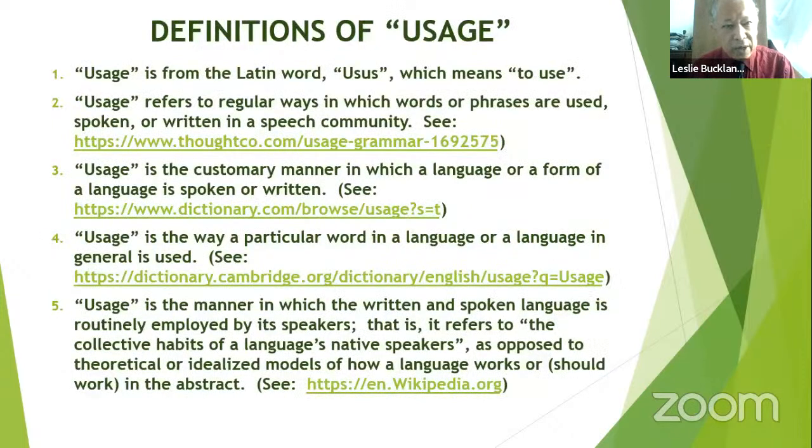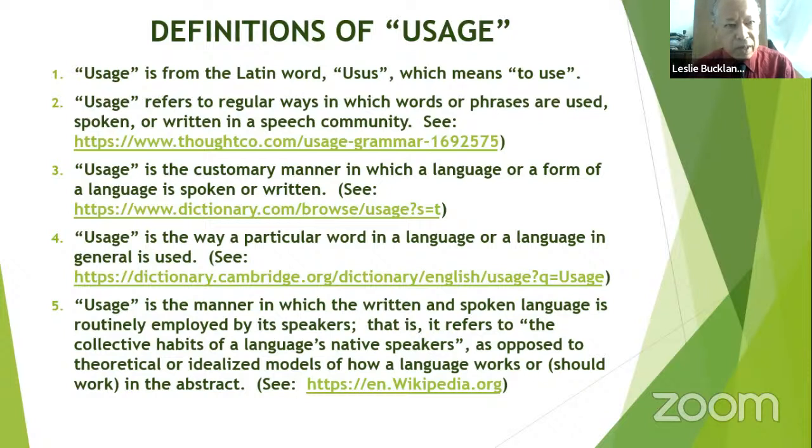Now let us look at the definitions of the word usage from different online dictionaries. Number 1, usage is from the Latin word usus, which means to use.